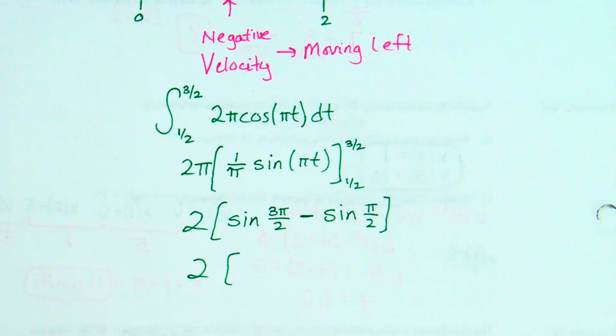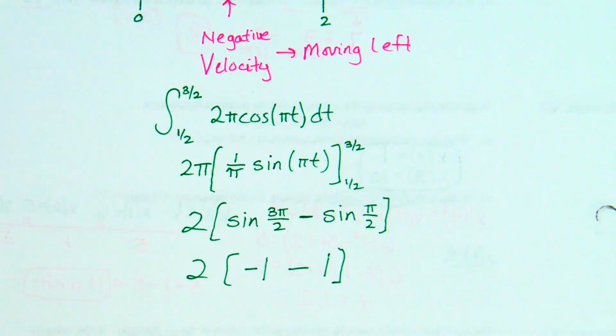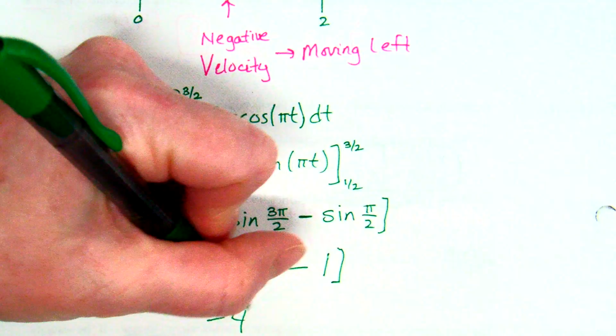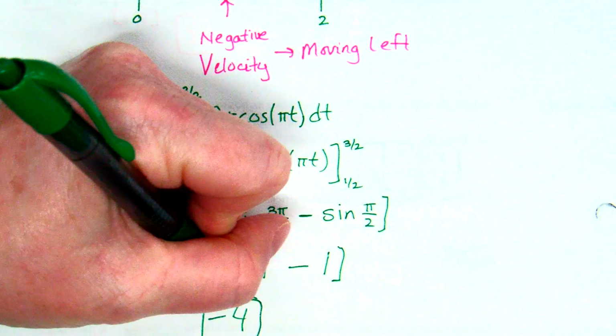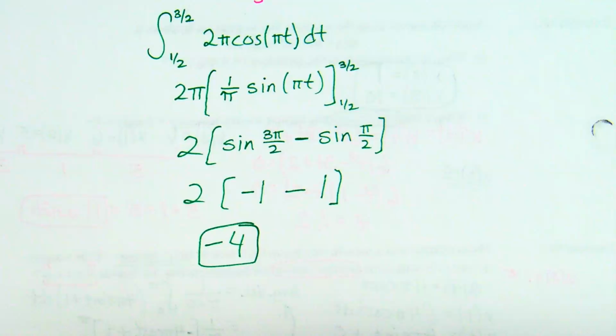Sine of 3 pi over 2 is -1, minus sine of pi over 2, which is +1. This ends up being -4.